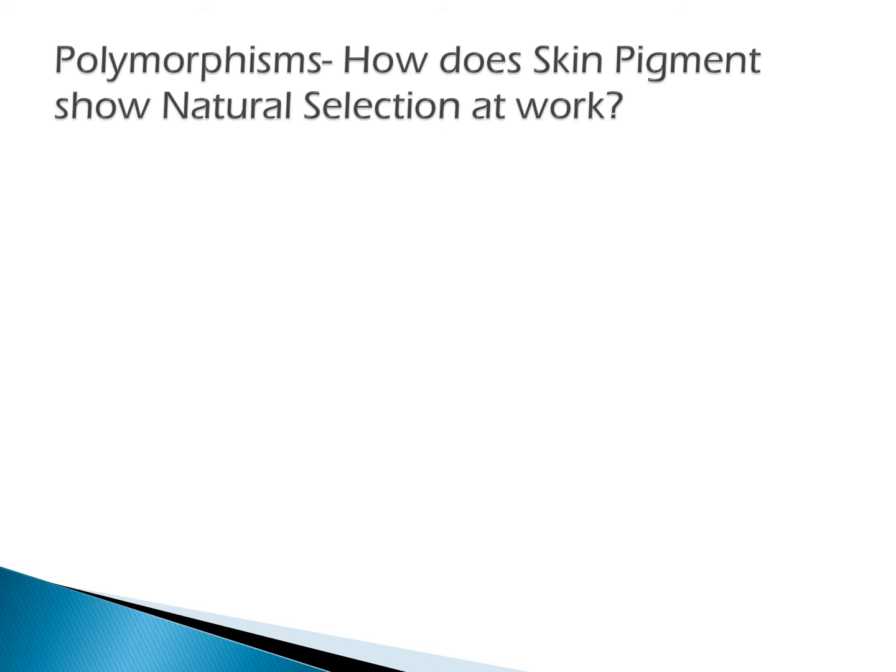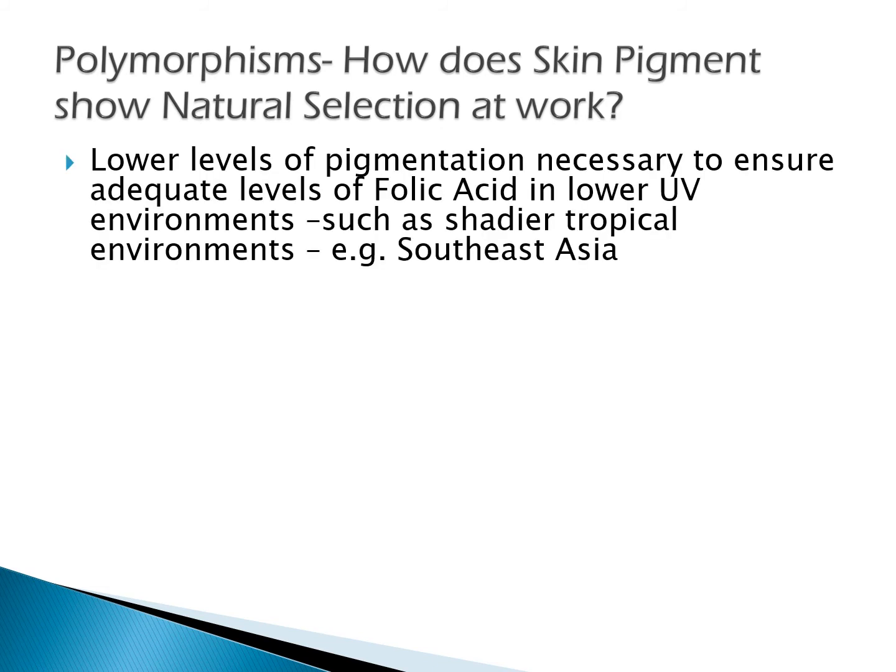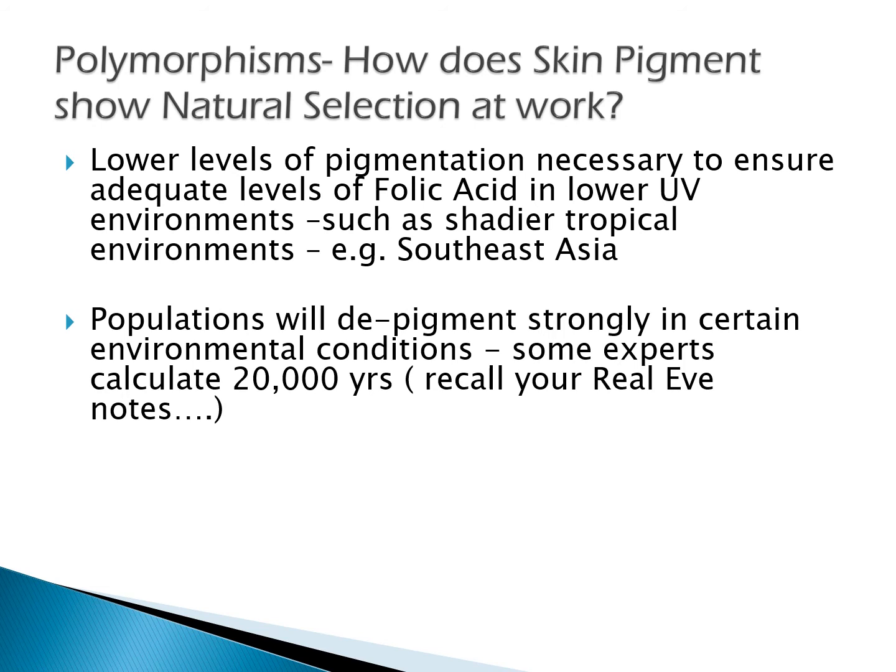So a couple more ideas here. Depigmentation. Why would depigmentation be a positive for reproduction in some places in the world? Because if you already have not so much UV, then you wouldn't need as much pigment in order to protect your levels of folic acid.